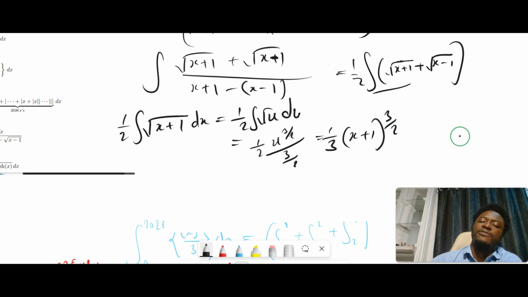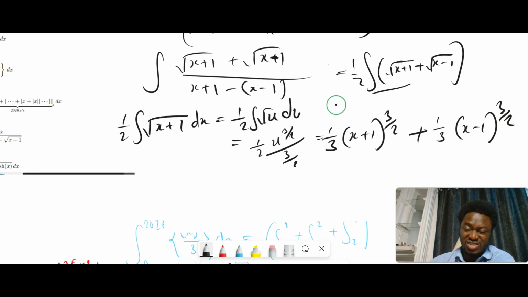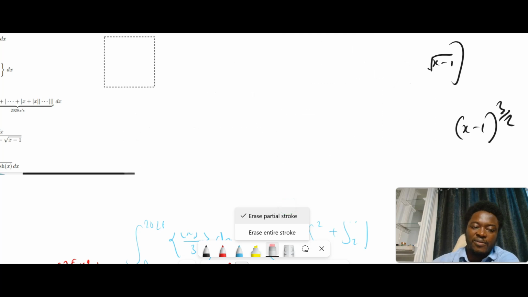And the same thing should happen for this one: plus 1/3 (x minus 1) to the power of 3 halves as well. The second integral should compute easily. So we are done with that part now.